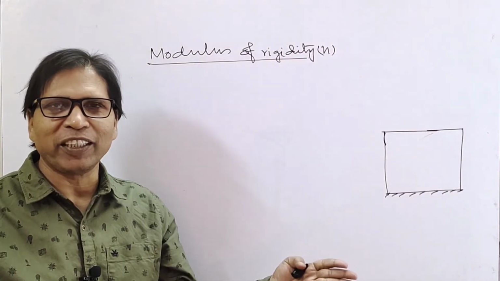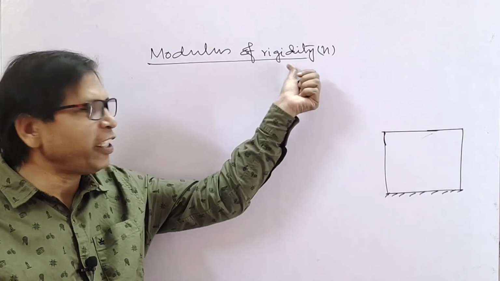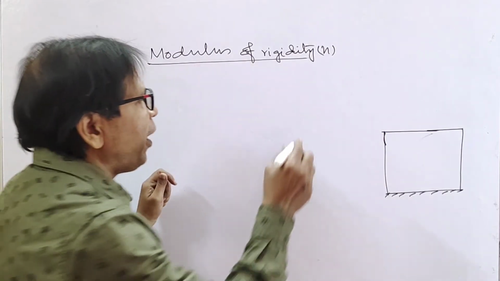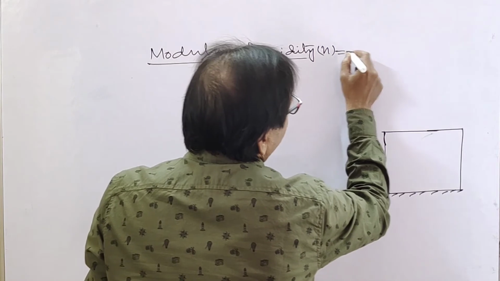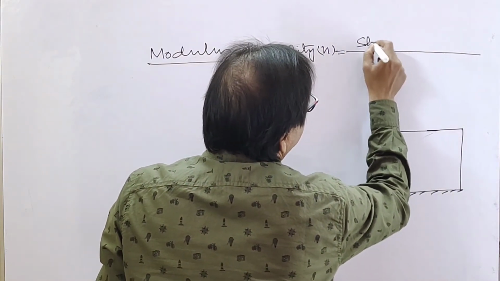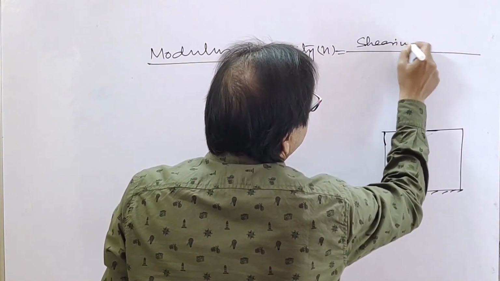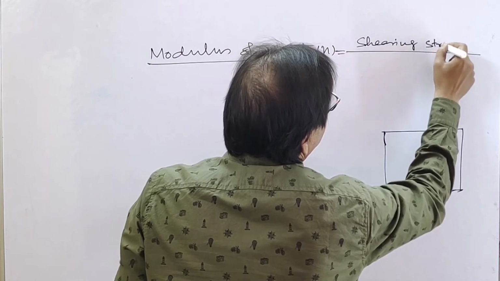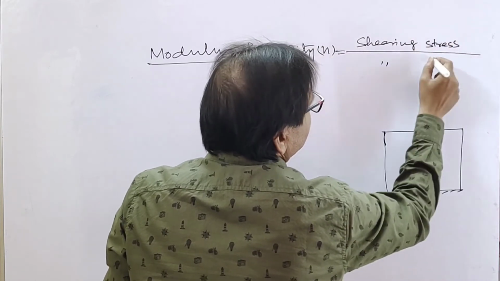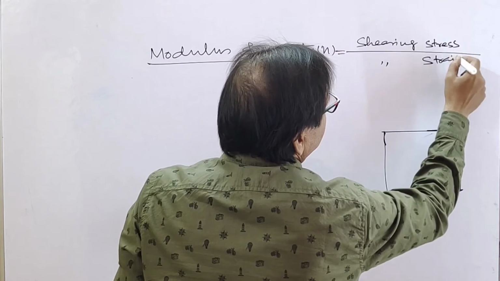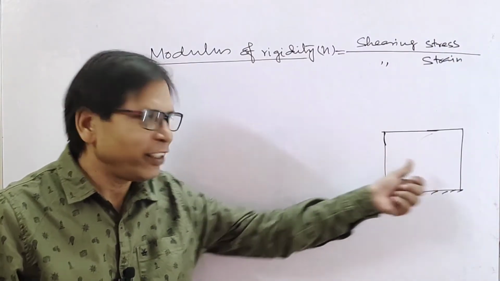Within elastic limit, modulus of rigidity N is defined as the ratio between shearing stress and shearing strain. Suppose this is a cuboid.